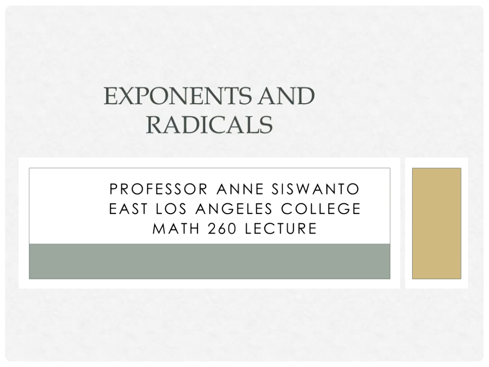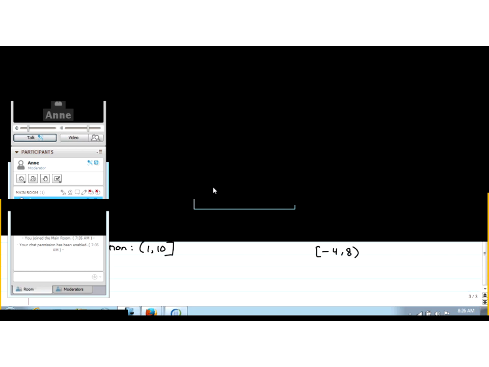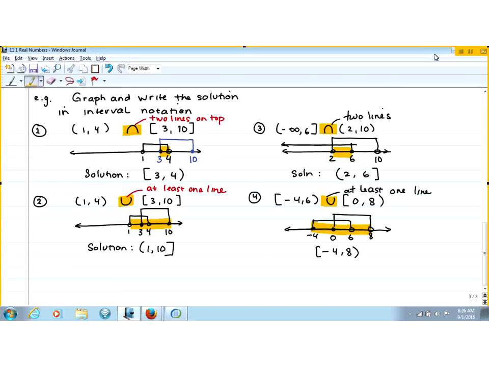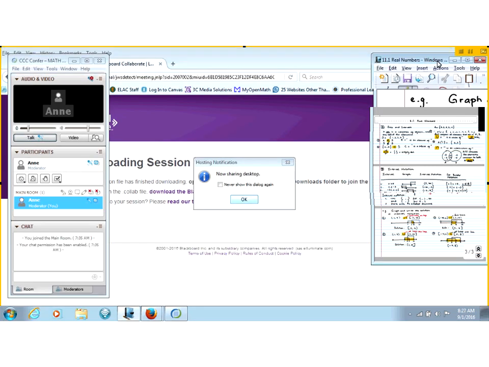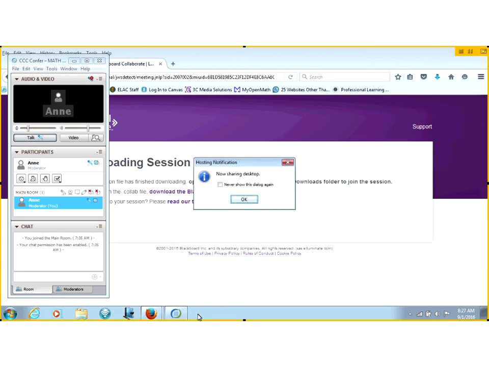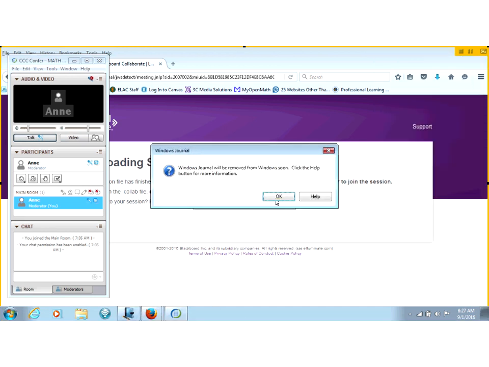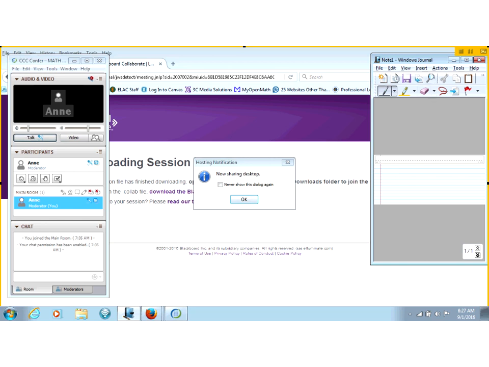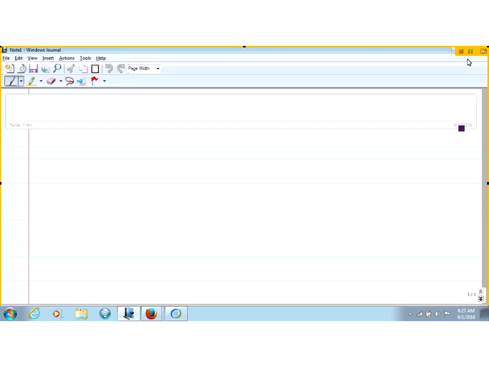Let me see. I'm going to share the desktop again. Oh, and actually I'm going to close this and open a journal. So 1.2 is exponents and radicals.